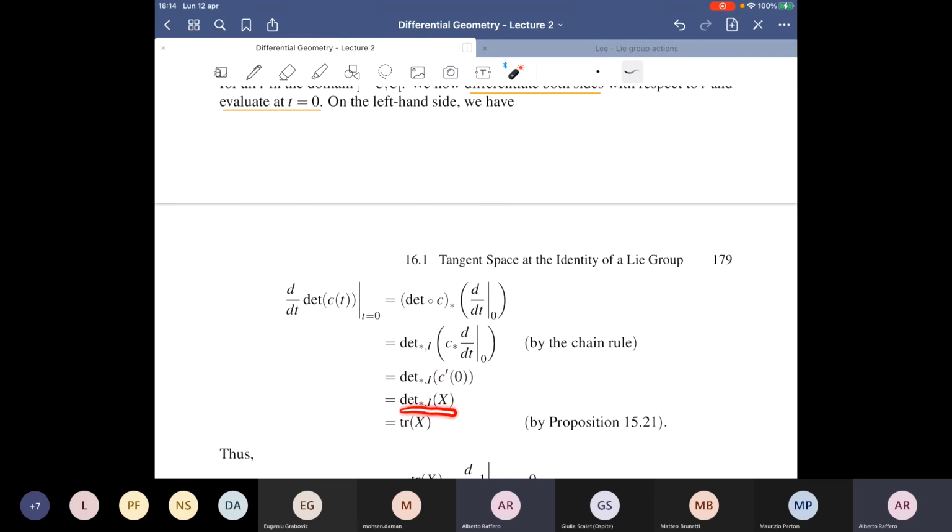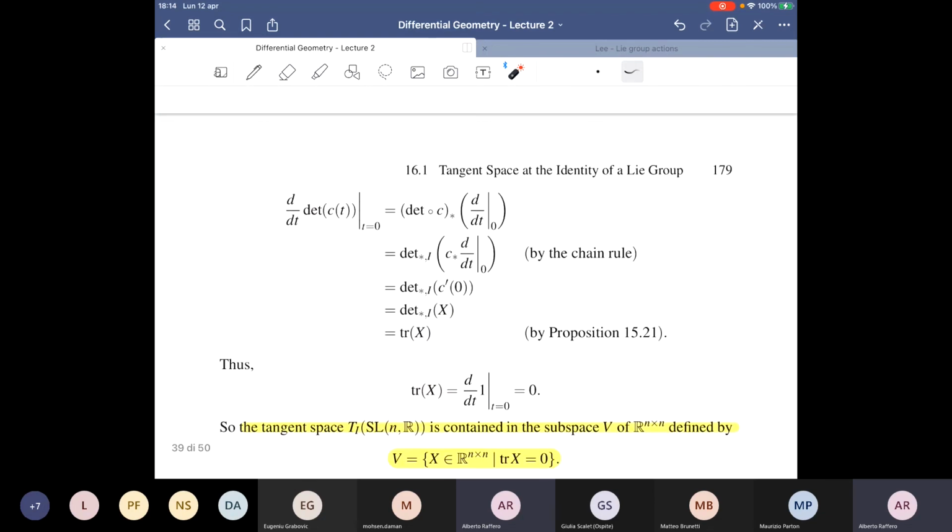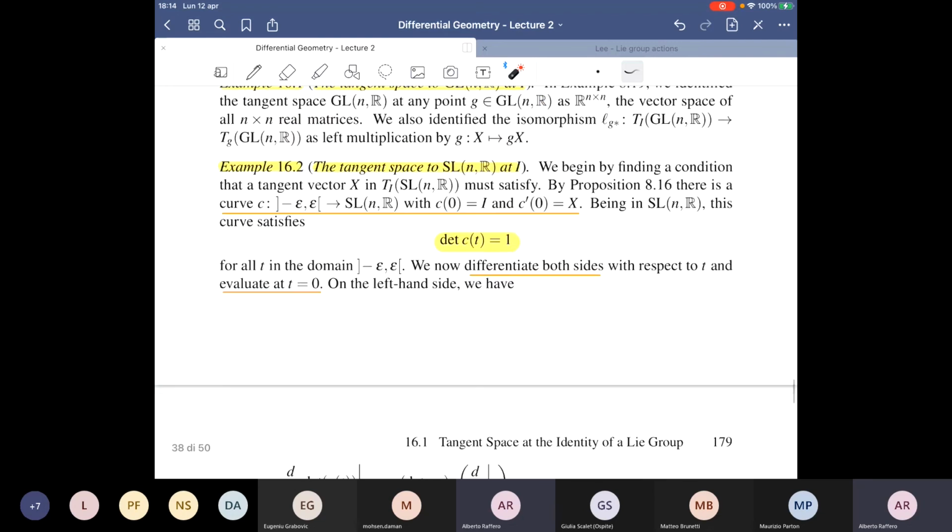You will end up with the differential of the determinant at the identity evaluated at the tangent vector to the curve you are considering. But we said before, in the last part of the last section, that the differential of the determinant at the identity is just the trace of the matrix. So the trace of the matrix we are considering in the tangent space here is 0.